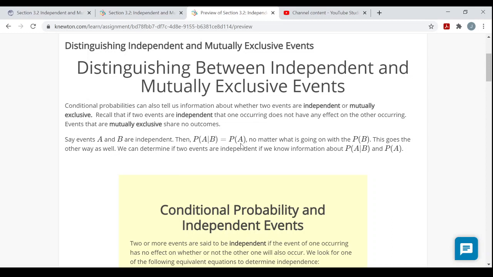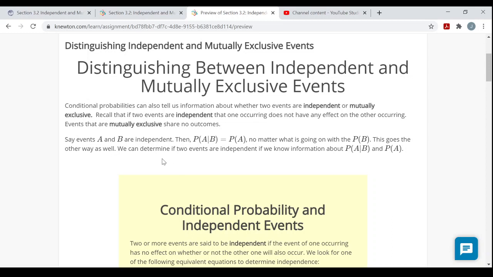It doesn't change the probability that A occurs. This goes the other way as well, meaning the probability of B, given that A occurs, is equal to the probability of B. So one event happening has no effect on the probability of the other one happening.